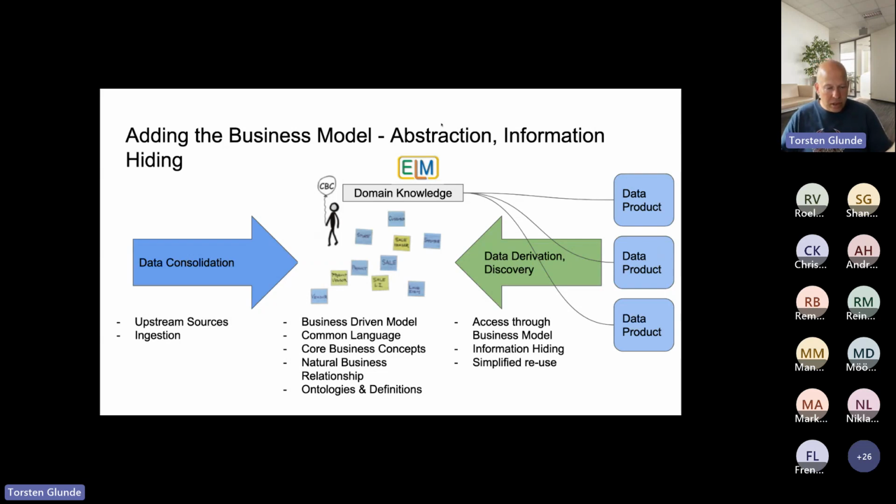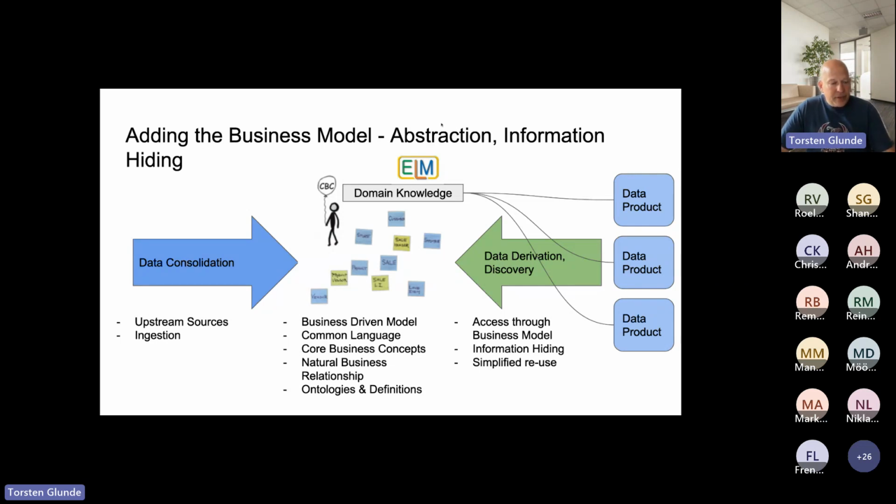Whether there are 10 or 100 joins doesn't matter anymore, because you look into the ensemble where you have the business definition of a customer, the business definition of a sale, the business definition of a product, a production line, and that's what you're accessing.